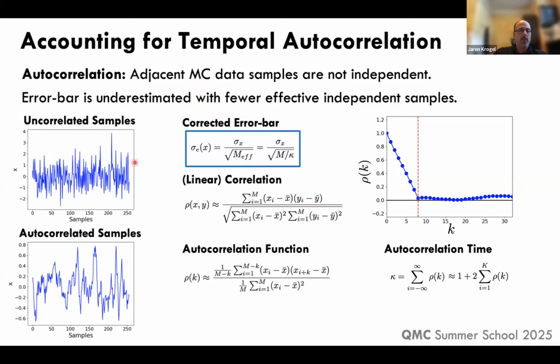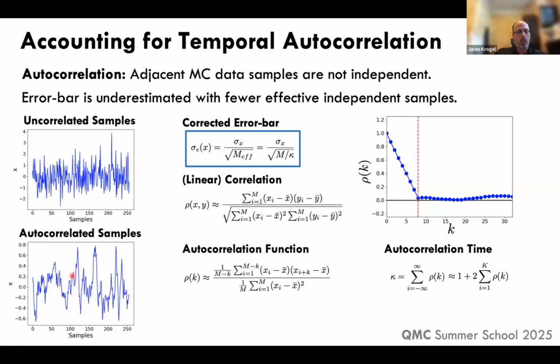So what do time series look like that are uncorrelated and autocorrelated? This is an example of uncorrelated samples. What you can see essentially is that the next sample in the series can vary widely. It goes over the whole distribution, doesn't matter where it was before. Autocorrelated samples, by contrast, you can see that there's a variation that persists over many samples.